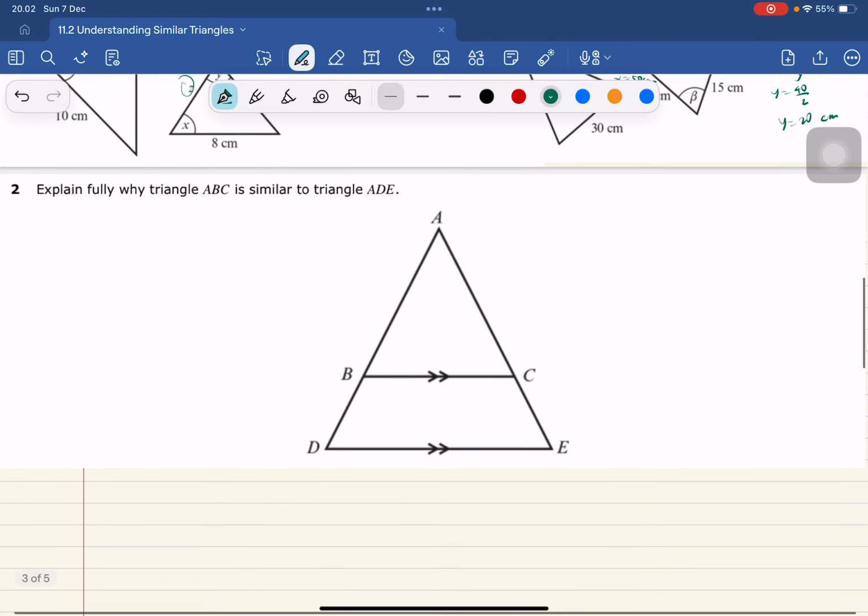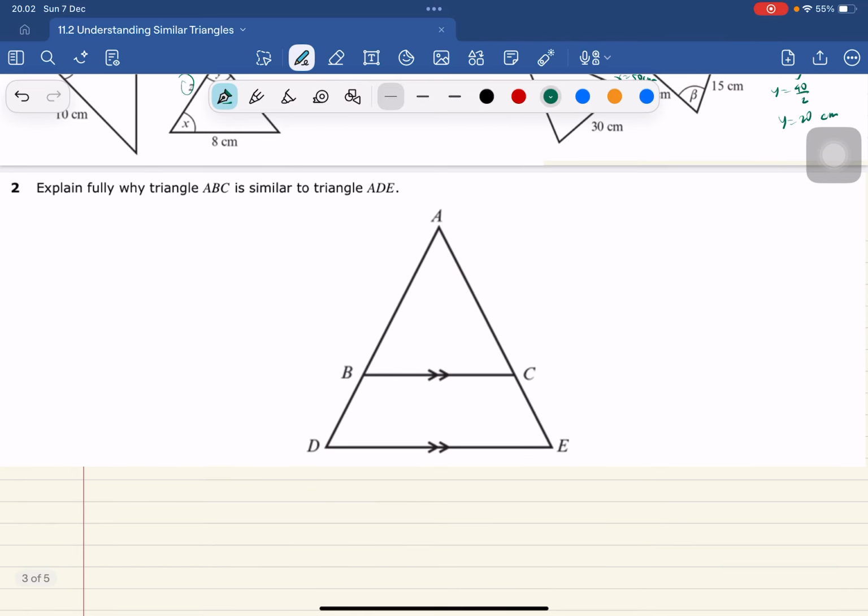Okay, explain fully why triangle ABC is similar to triangle ADE. So first, we will see this angle. The angle ABC equal to angle ADE. Why? Because they are corresponding angles.